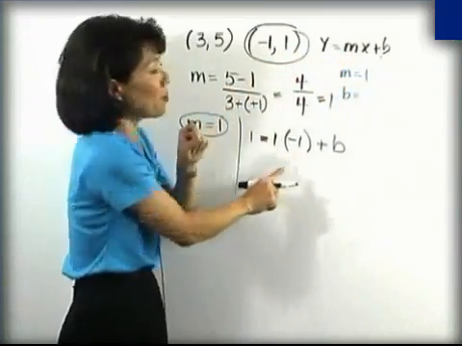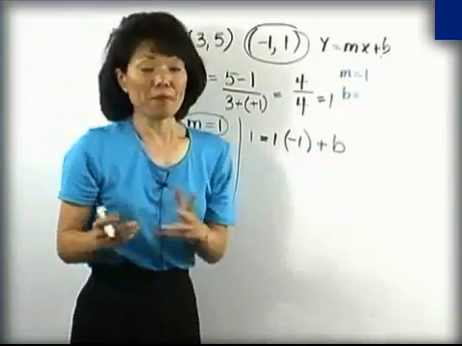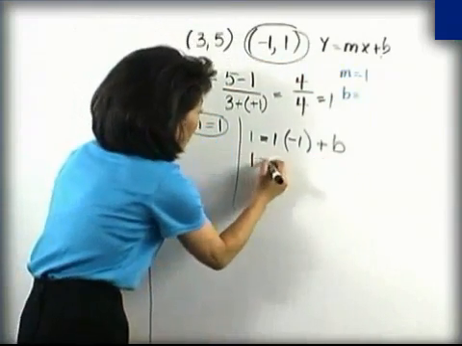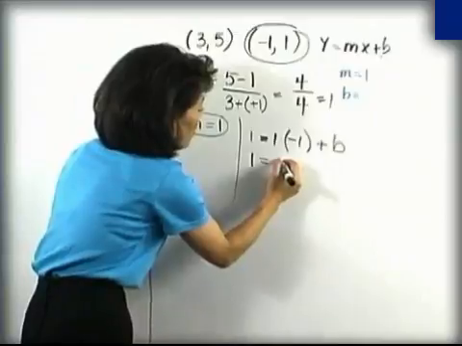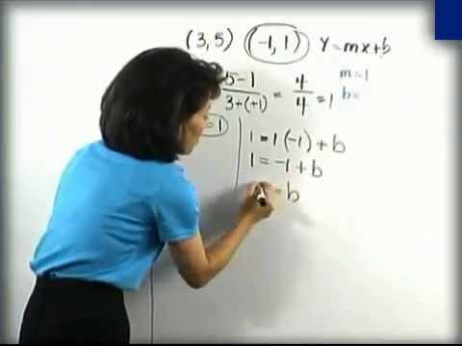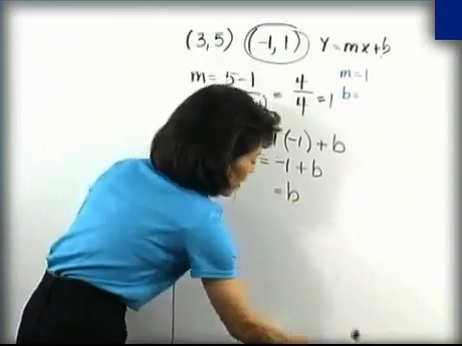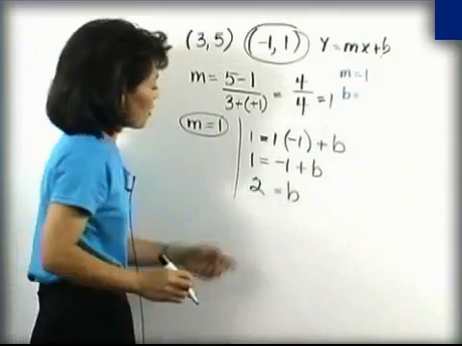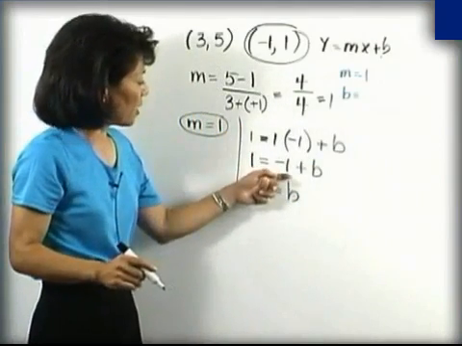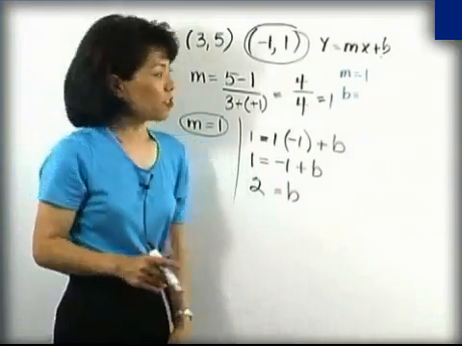X, we're using this ordered pair, so x is -1, plus b. Not bad. That gives me 1 equals 1 times -1, which is -1, plus b. So adding 1 to both sides, I add +1 here to make that 0, +1 here on the left-hand side to get b equals 2.